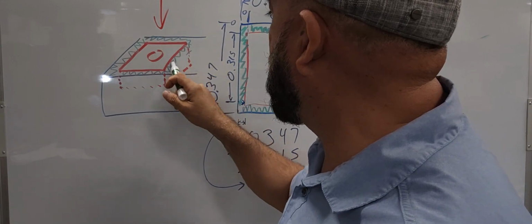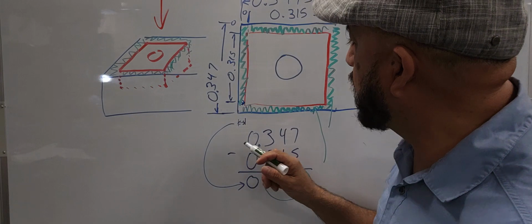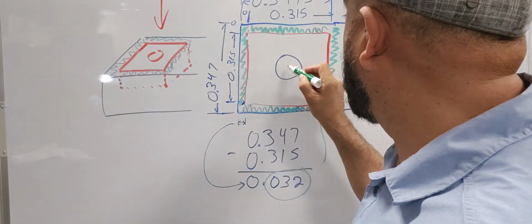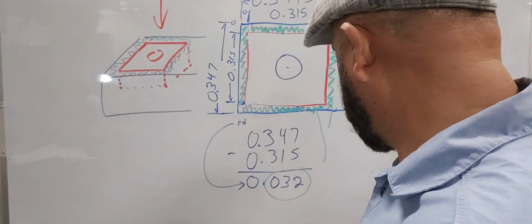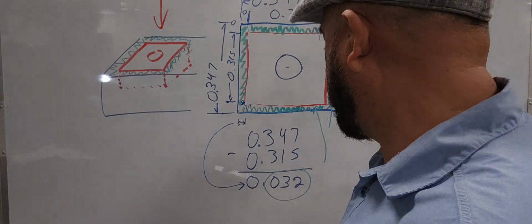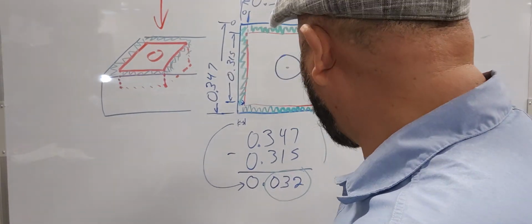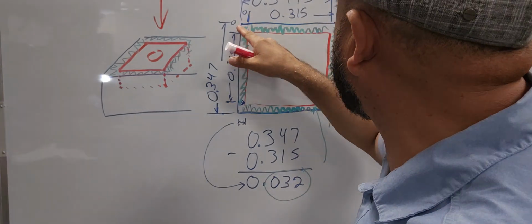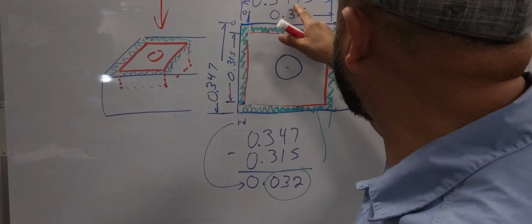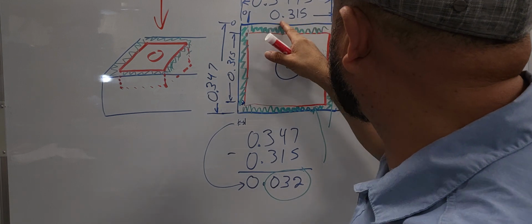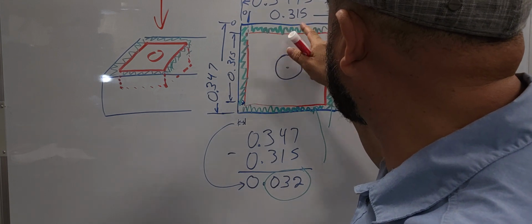So we need to do more calculations here to figure out where's the 0, 0. Where's the center of this hole so that we can put a cutter in there. Well, we know that from here to here is 347. From here to here is 315.